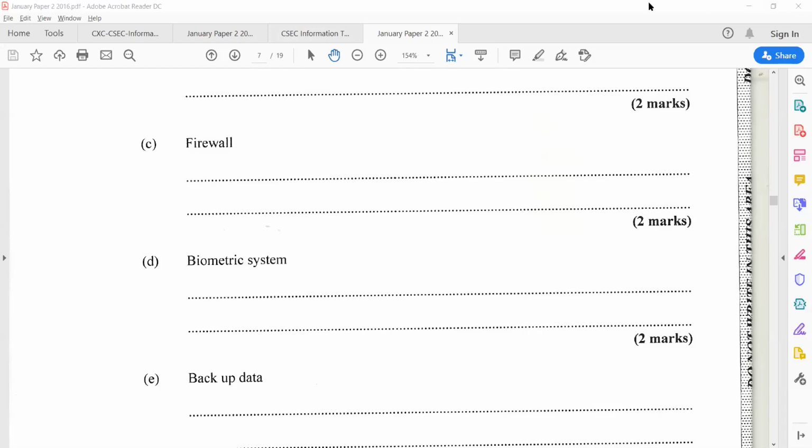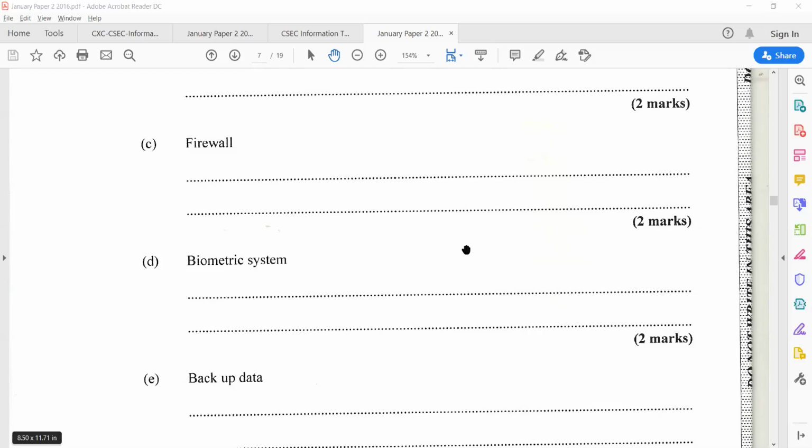Okay, so the firewall, first of all, is a device that restricts or limits connections in a network, right? It could be a hardware device or a software device. So a firewall could protect from untrusted connections. If you have a firewall at home, it could prevent untrusted connections from the internet into your home network.